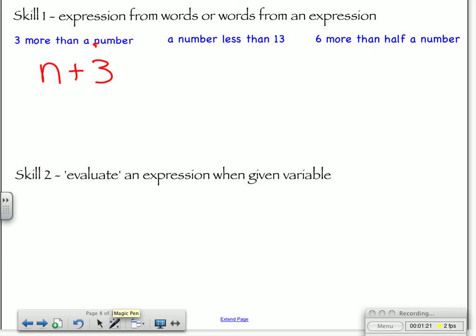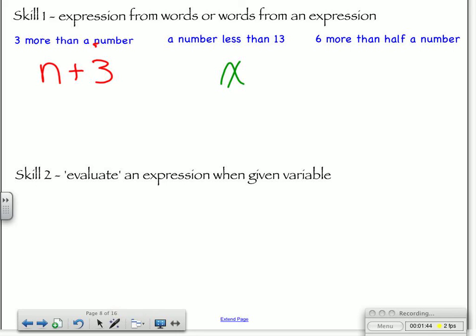A number less than 13. Okay. The number, this time instead of N, I'm going to use X. Anytime you see the number, you just got to pick a letter to use. So I've chosen X. And it's a number less than 13. This one's a little bit more tricky because we have to make sure we get the order right with subtraction. Is it X minus 13?